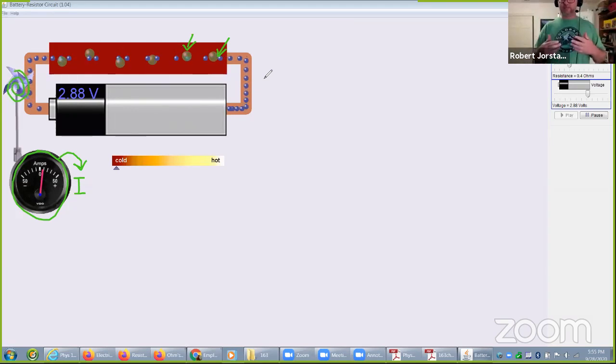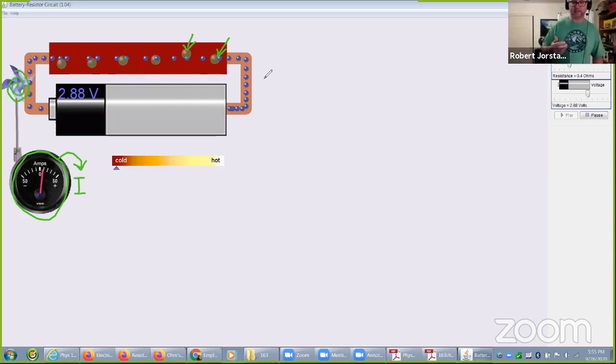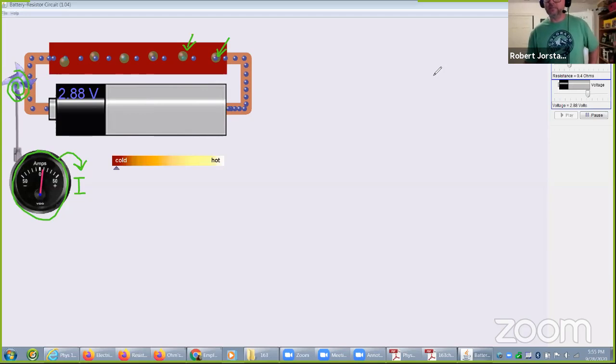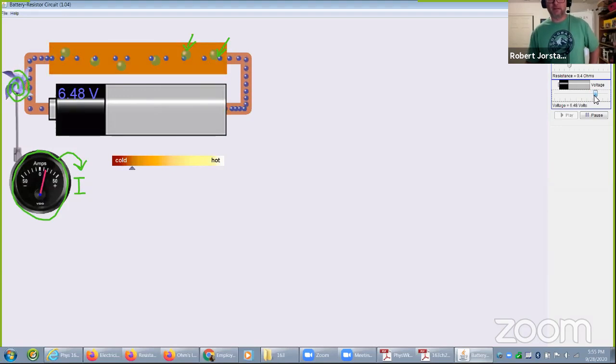But if you multiply this by a mole of electrons or 10 moles of electrons, you're going to have lots of electrons moving all over the place and lots of impurities. Now I'd like to up the voltage for a second. Watch what happens as I up the voltage. What do you see happening?